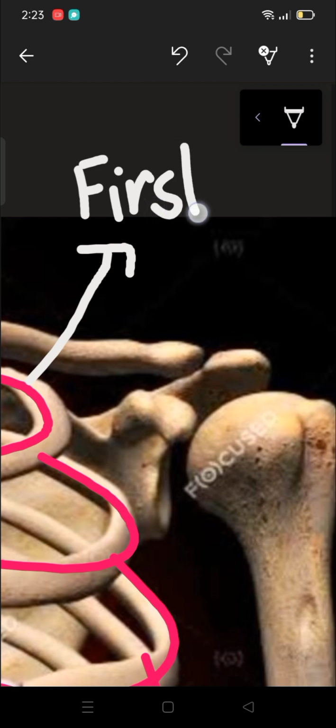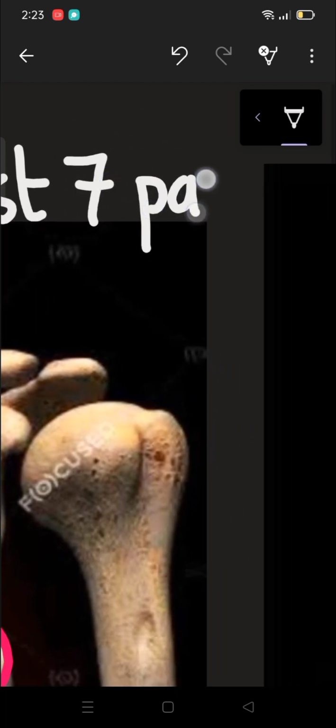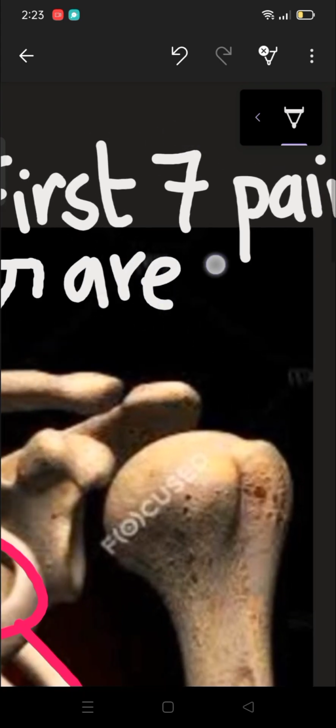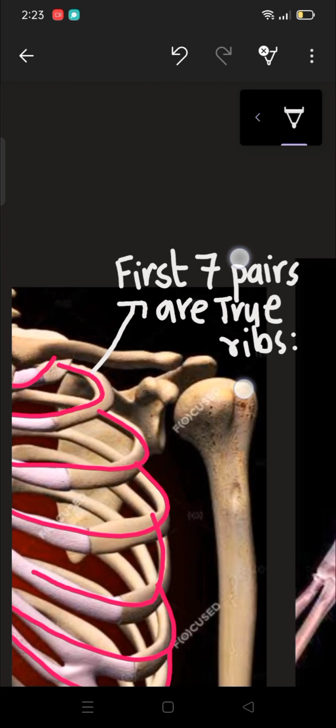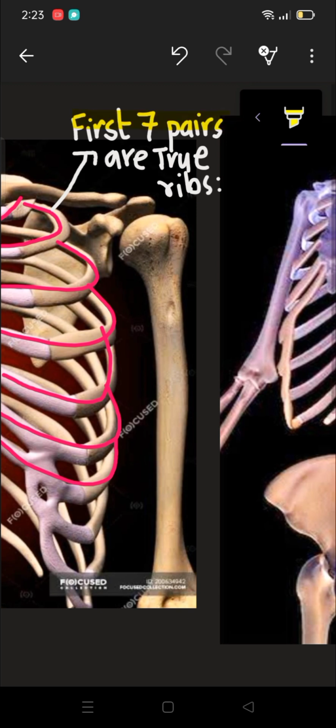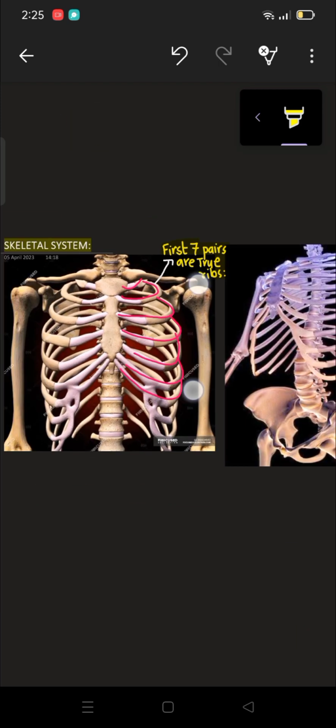First seven pairs are true ribs. Let me highlight it with color. Here I am highlighting this. The first seven pairs of ribs are what we call the true ribs.